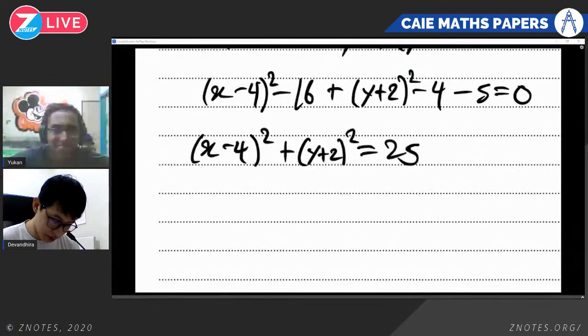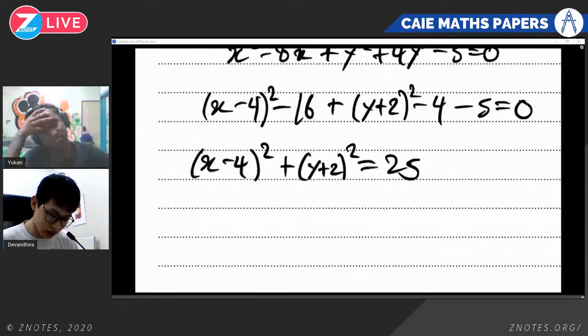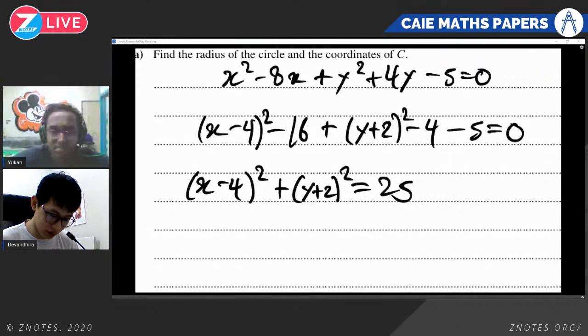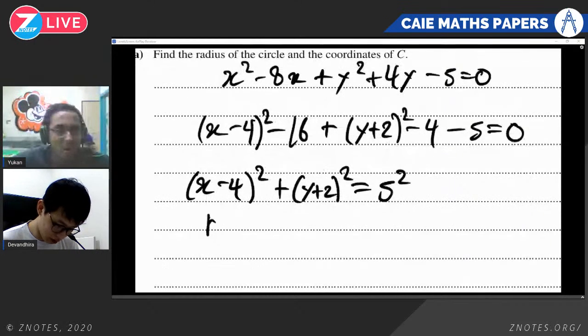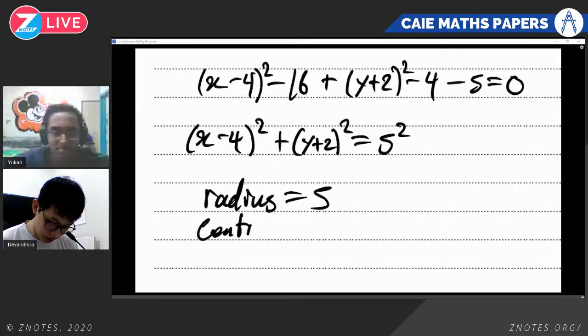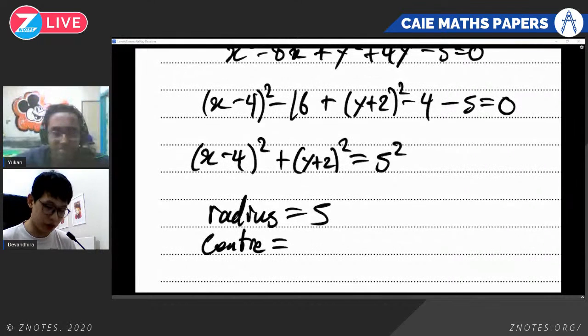But before we state the radius, 25 is not the radius, because remember, it has to be in r squared form. But thankfully, 25 is just 5 squared. Therefore, our radius is 5. But our center is not negative 4 and 2.